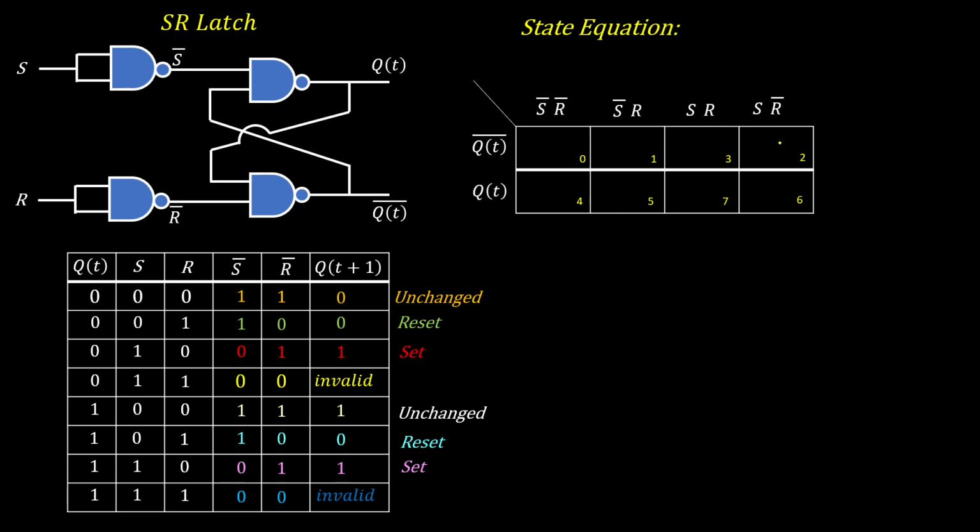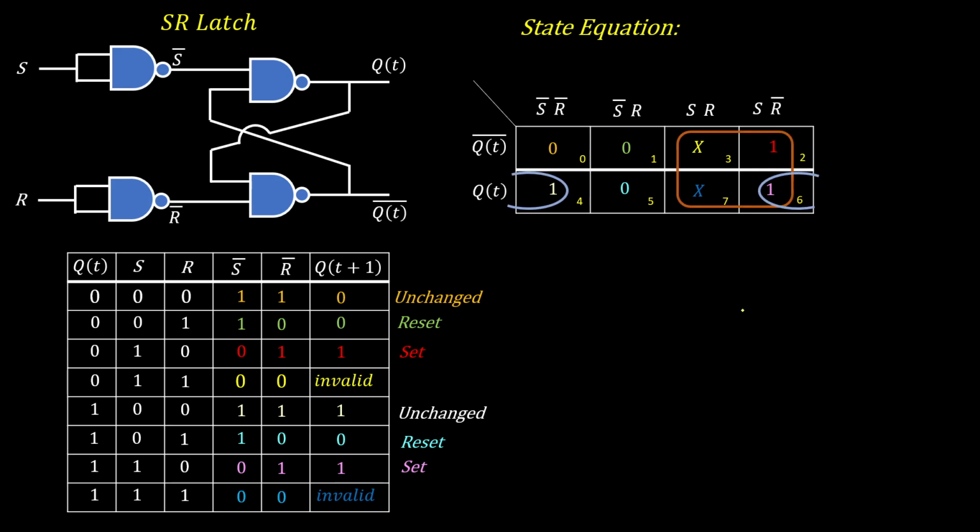Numberings are 0, 1, 2, 3, 4, 5, 6, 7. These are the values. Now we have 2 don't cares and 2 ones. So this will make 1 quad and these 2 ones will make a pair.